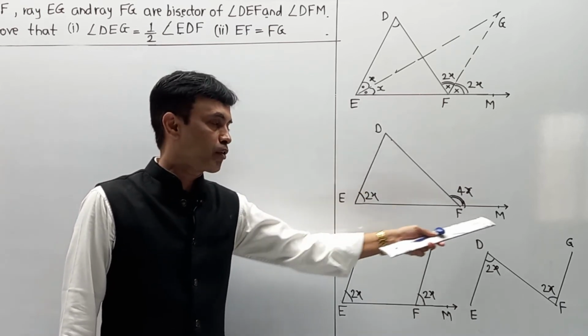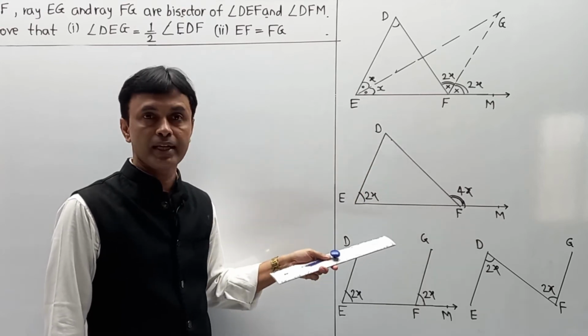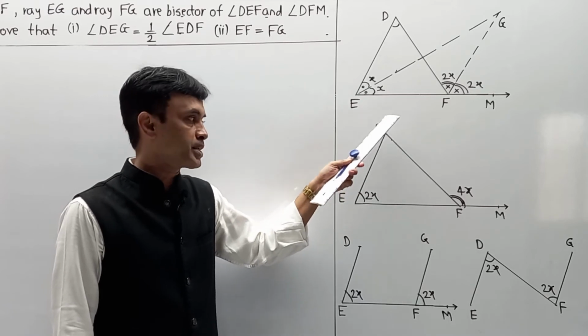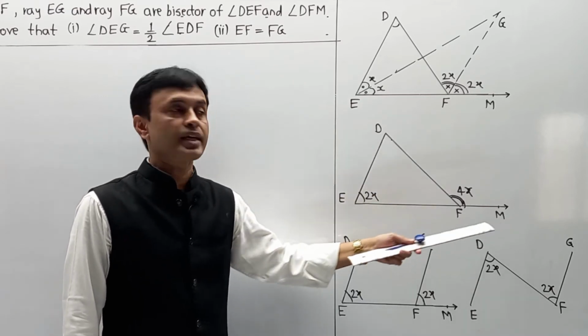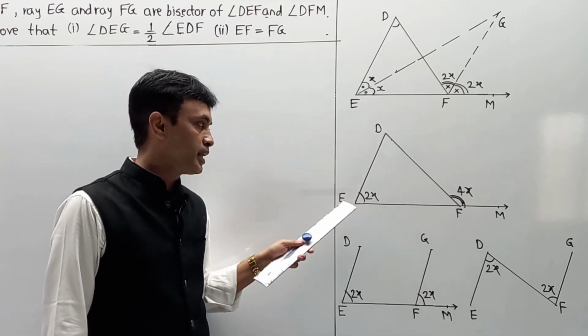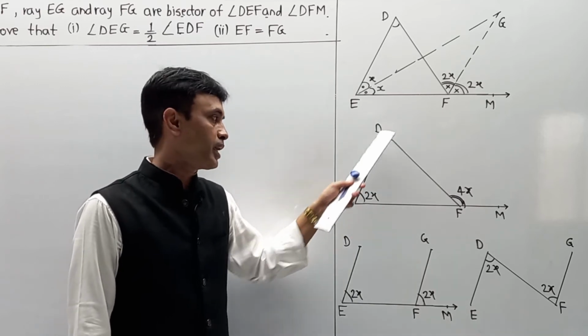Means the value of this angle is equal to the addition of these two, angle D plus angle E, and from that we can get the value of D over here. Means angle DFM is equal to angle EDF plus angle DEF, and I am going to write that part over here for triangle DEF.